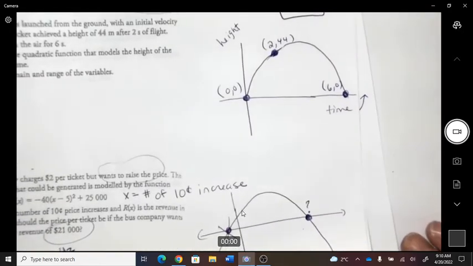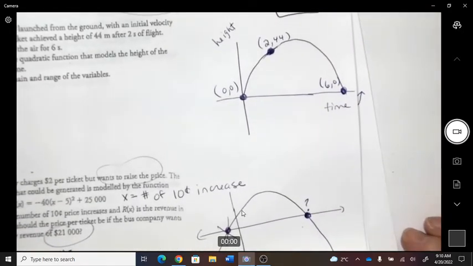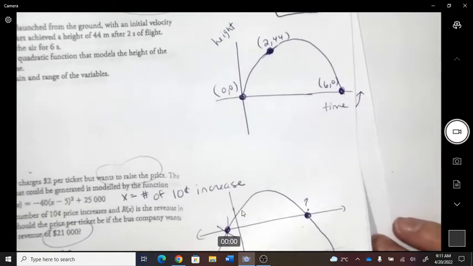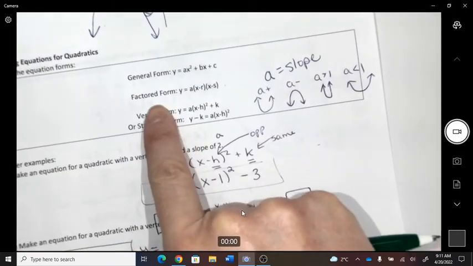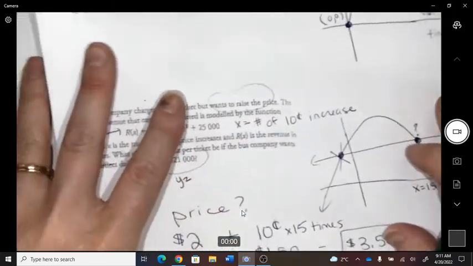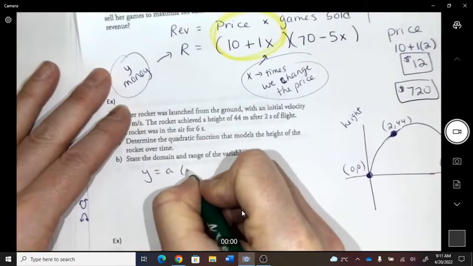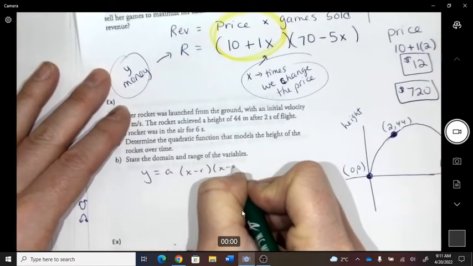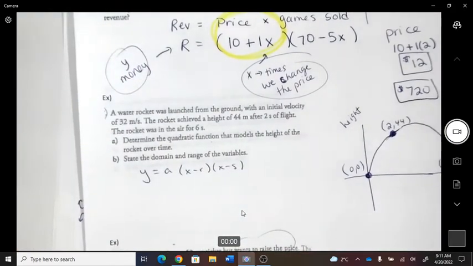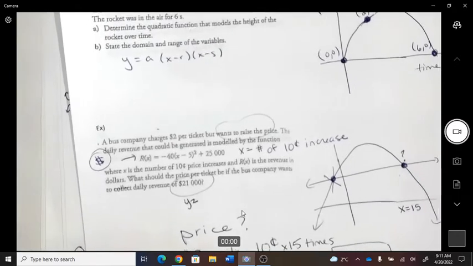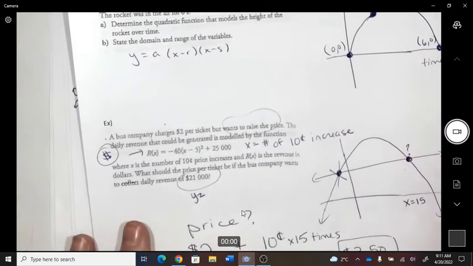What do I know? Do I know the vertex, or do I know stuff about x-intercepts? X-intercepts. Okay, so we're going to pick factored form. I'm picking factored form because I can see 2 of the x-intercepts.